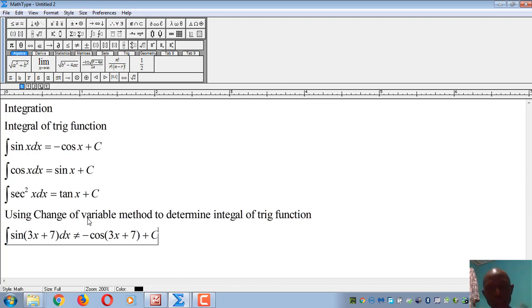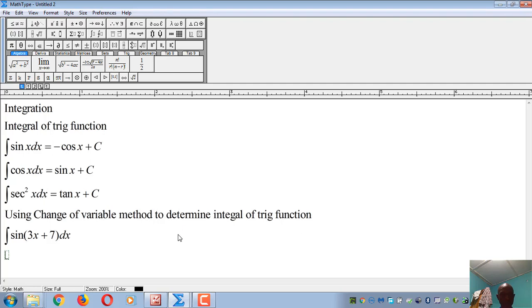You can see it's not equal to. So what I want us to understand now is how do we go about this, and what we're going to do is to use what we call the change of variable method.